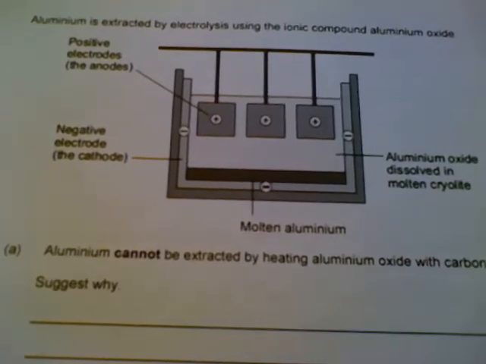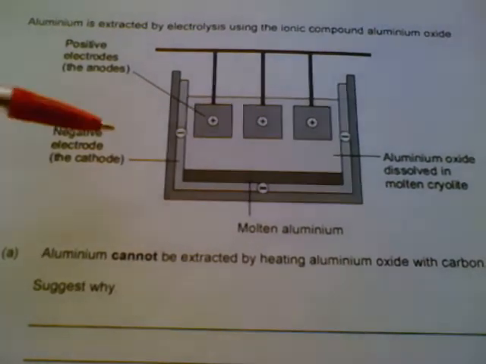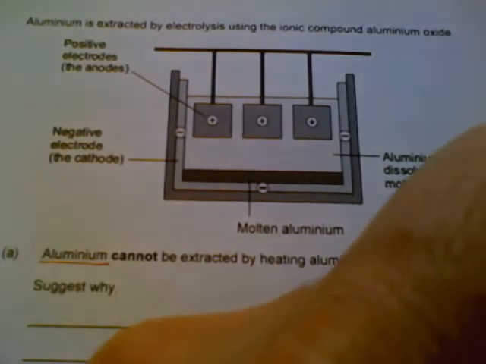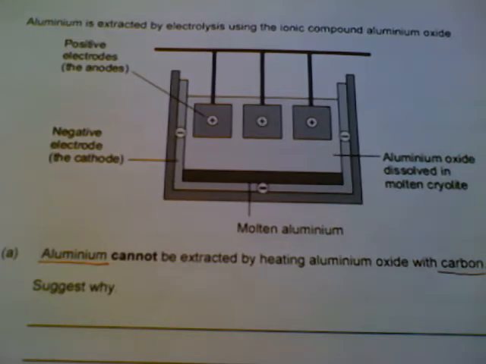Question 3. Aluminium is extracted by electrolysis. They give the diagram. Aluminium cannot be extracted by heating aluminium oxide with carbon. Suggest why. If you go back to the reactivity series, we know that aluminium is more reactive than carbon. So carbon cannot displace or push out aluminium from its compound.